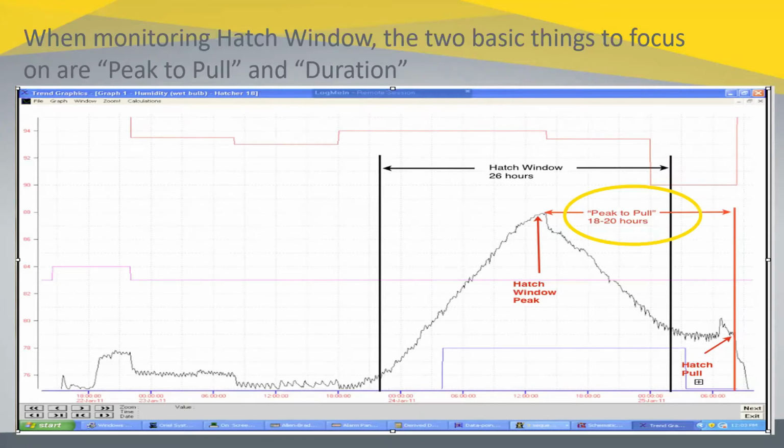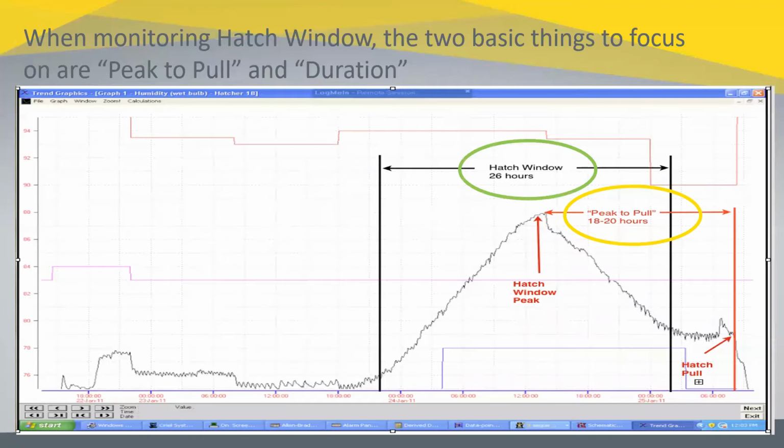And when that peak occurs, that's telling me that's the highest volume of hatching occurring at that particular time. And I want to know when that happens, because that tells me that I can now calculate the time period from peak to pull. And that helps me manage several things. But the second piece that I look at here as well is hatch window, or duration, essentially.